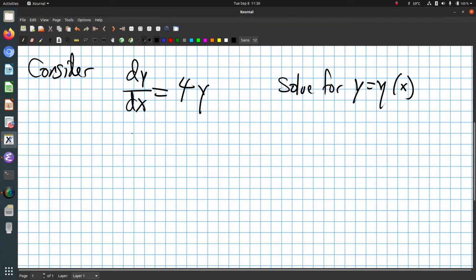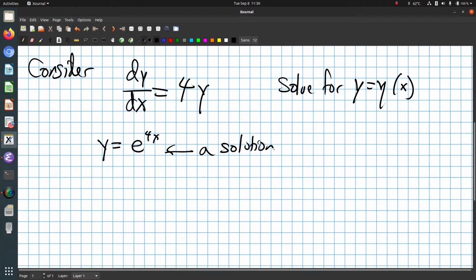Well, it's pretty easy to find solutions to this particular differential equation, because you'll notice it's really asking the question, what function is 4 times itself when you take the derivative of it? I.e., what function has the derivative which is 4 times that original function? Well, it's got to be an exponential function, and something like y is equal to e to the 4x will do nicely. This is a solution.